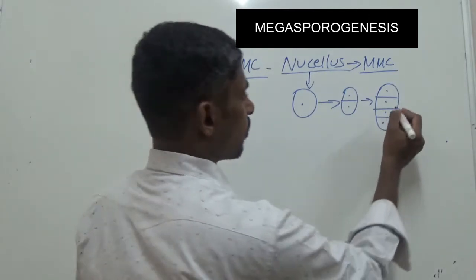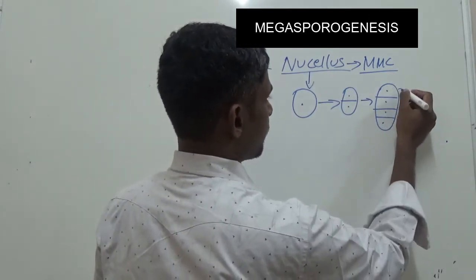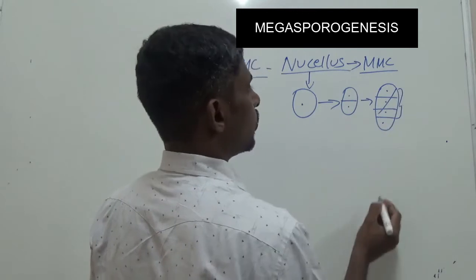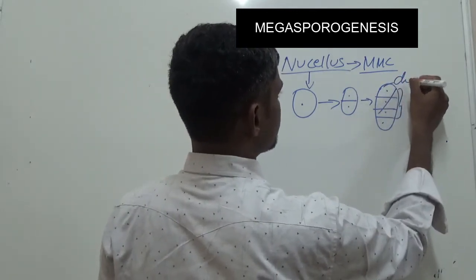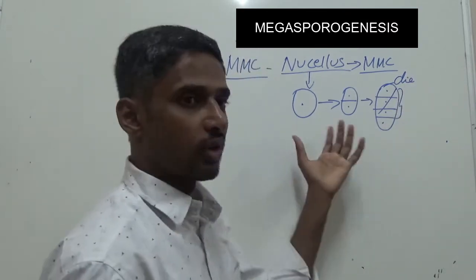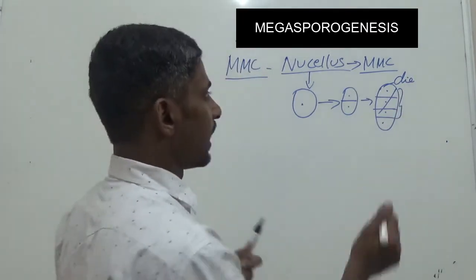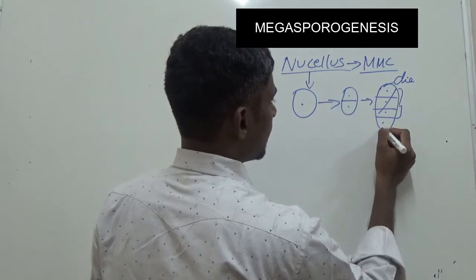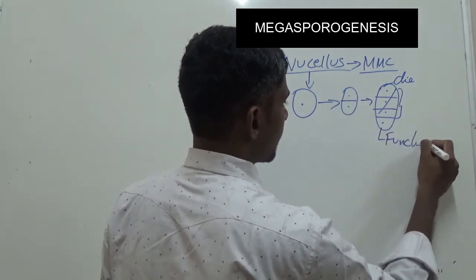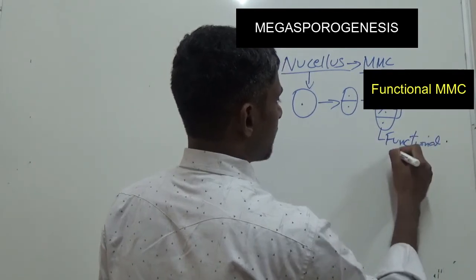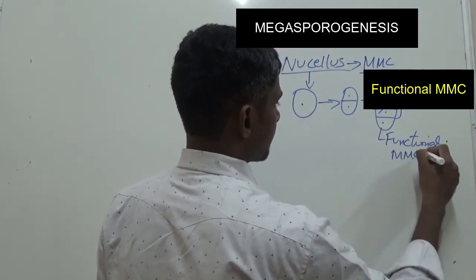Now out of these 4 megaspore mother cells, 3 will degenerate. That means they will die off. Out of 4, 3 will degenerate and the remaining one will become functional. It becomes the functional megaspore mother cell.